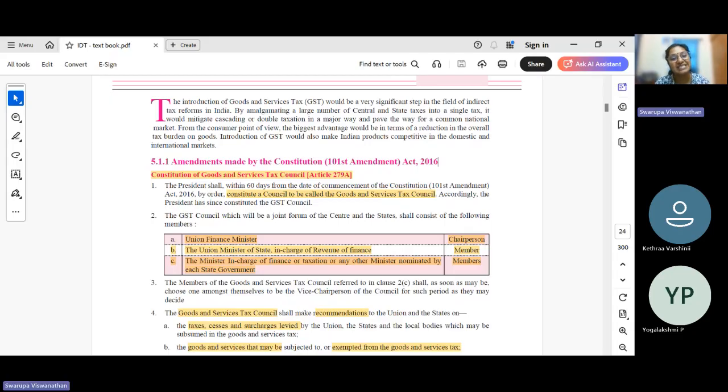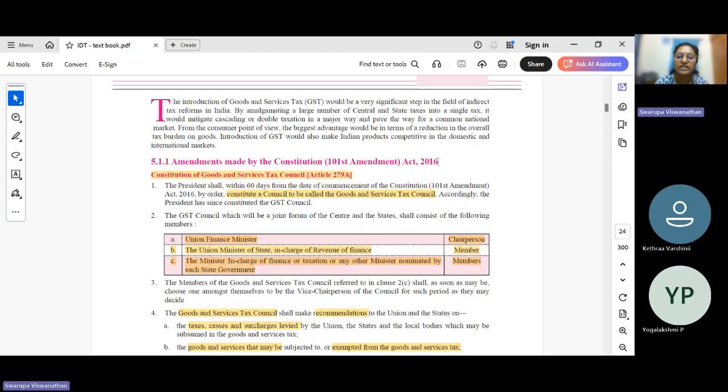Article 269A. Okay, the crux of 269A is giving power to the central government to levy tax on interstate trade. So IGST levy is covered under Article 269A. CGST and SGST levy is covered under Article 246A.